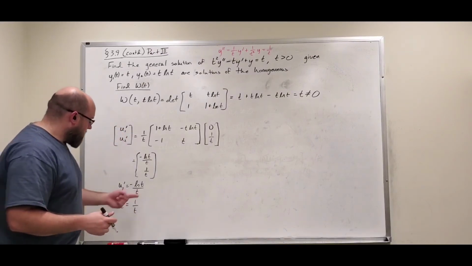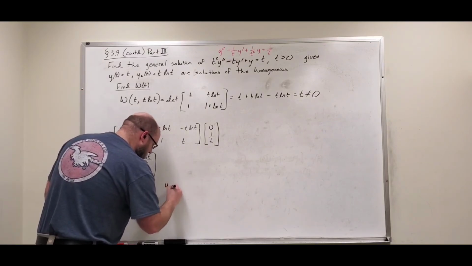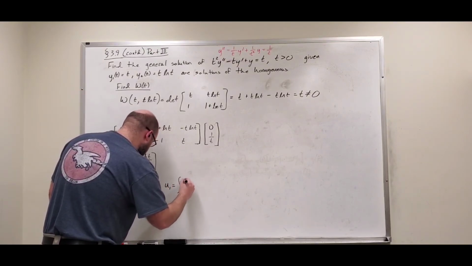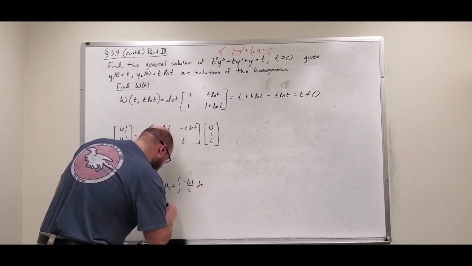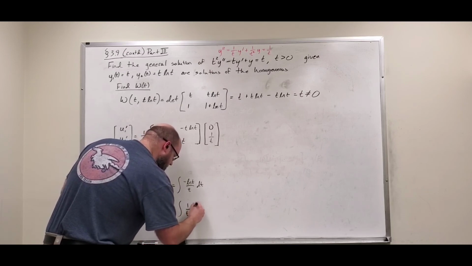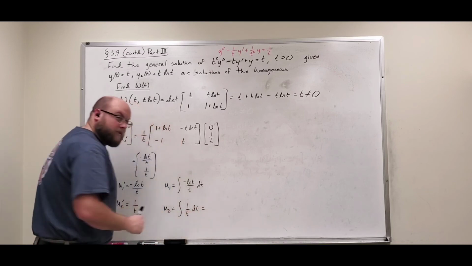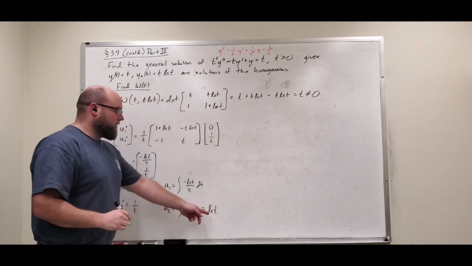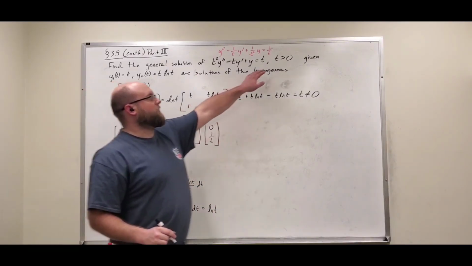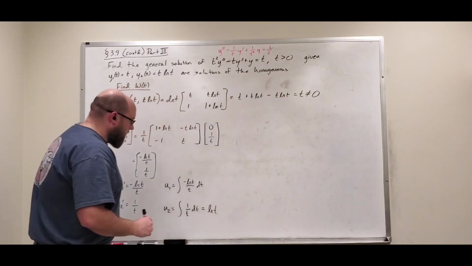Well, these are very straightforward because u1 is equal to the integral of negative natural log of t over t dt, and u2 is equal to the integral of 1 over t dt. Well, this is the natural log of t. Again, I don't have to have absolute value here because we said t is greater than 0.